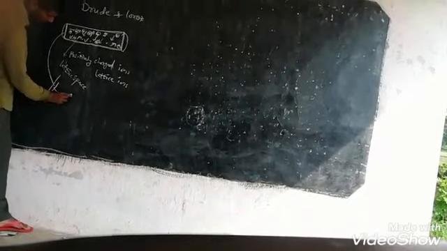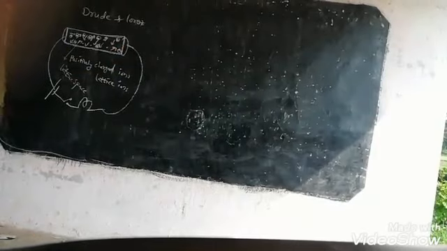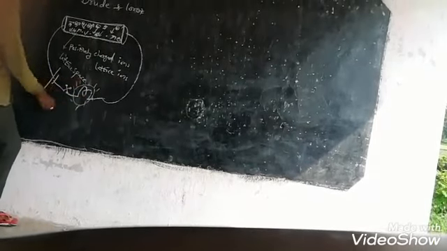If you connect this conductor to the battery through the switch and the bulb, what will happen? Whenever you close the switch, the bulb will glow. Why is the bulb glowing? Because electrons are responsible for the glowing of the bulb.